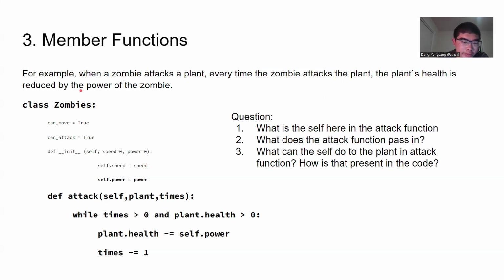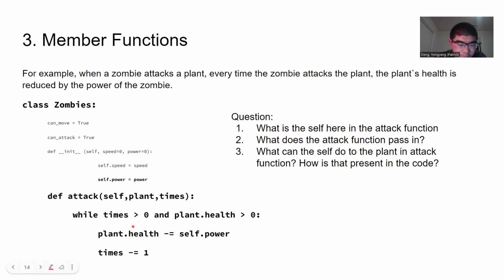So I already have the power, self.power is power. So each time the plant's health must be reduced. By how many? The power of the zombie, maybe it's 1, 2 or 4, depending on the individual zombie.